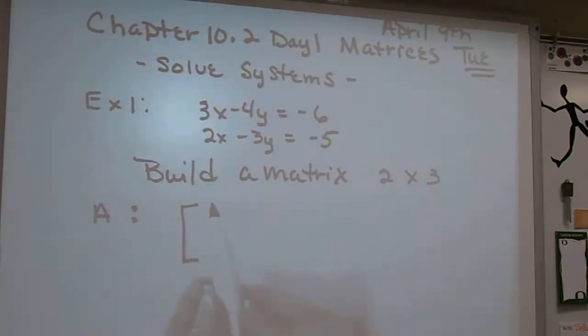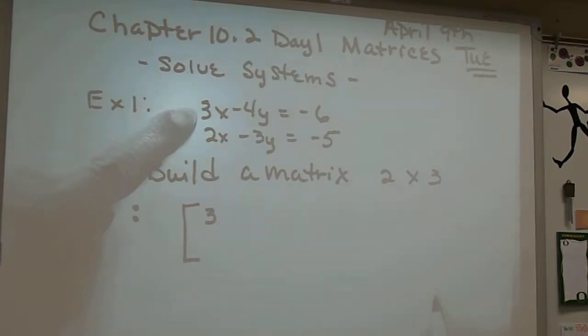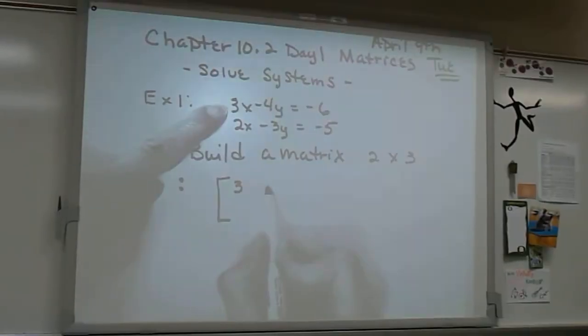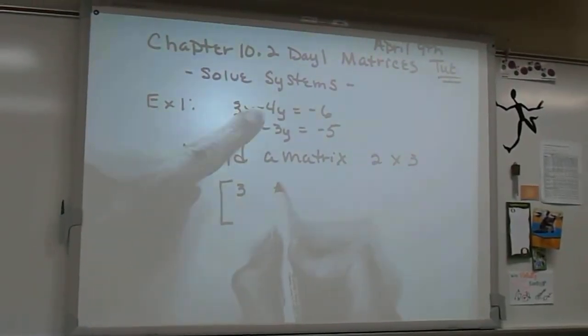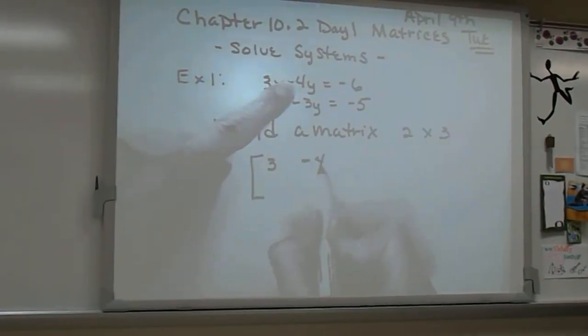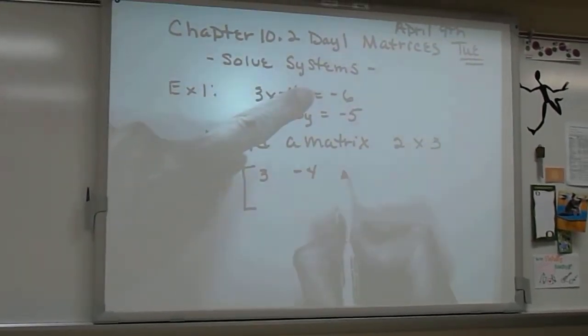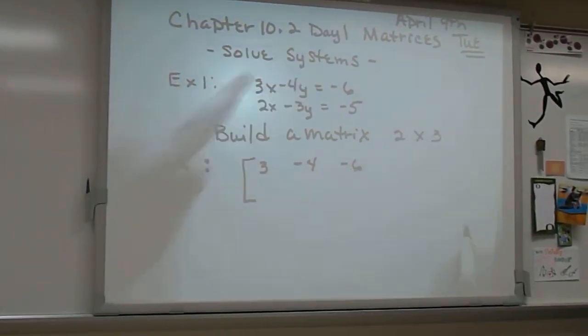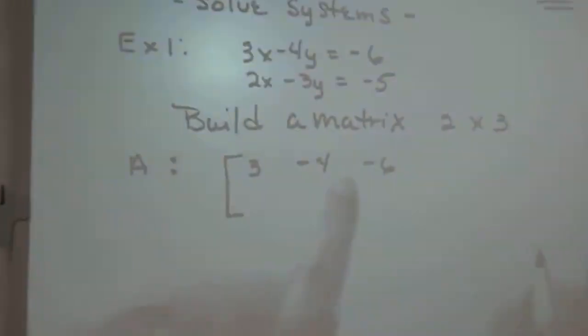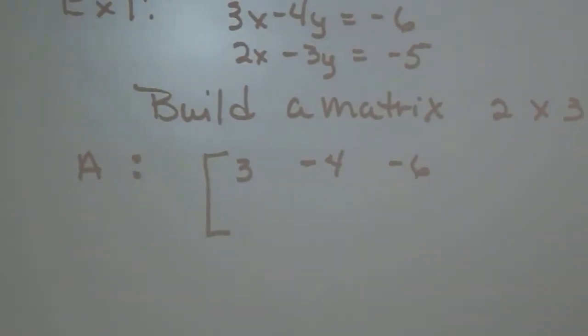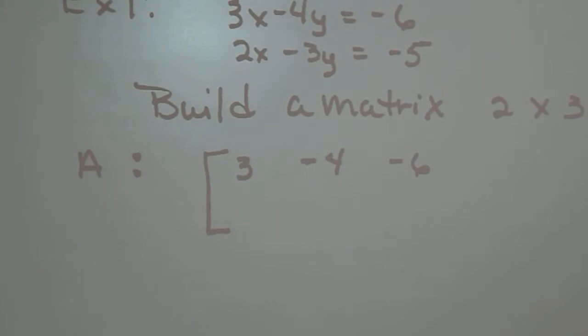Alright, so the first element in my matrix will be this first coefficient 3. And if I continue on this row, I'm going to put negative 4, and then negative 6. So this is the first row of my matrix.